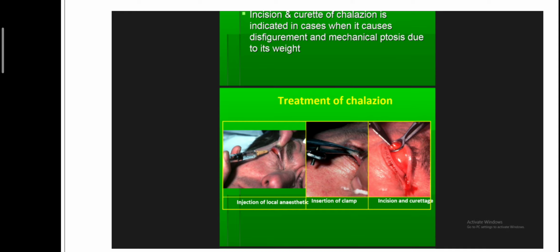Very rarely, if a large chalazion is opening externally towards the skin and we need to put an incision on the skin, we put a horizontal incision. That is for cosmetic reasons, because a vertical incision along the skin doesn't approximate properly and leads to a cosmetic blemish. A horizontal incision will make a lid crease.